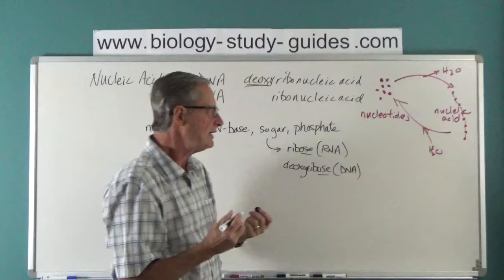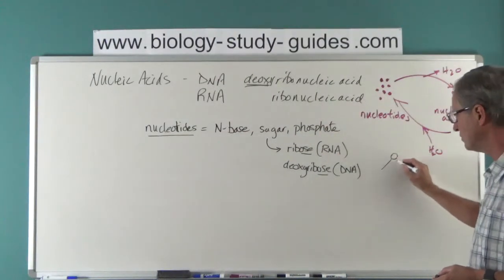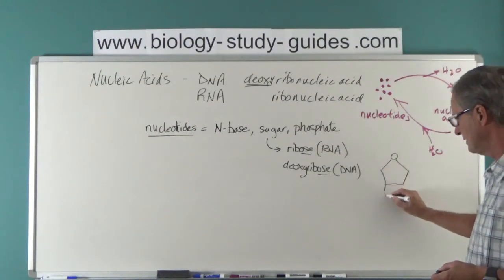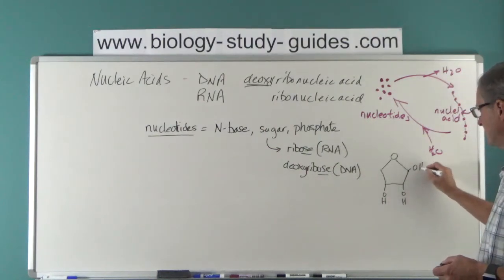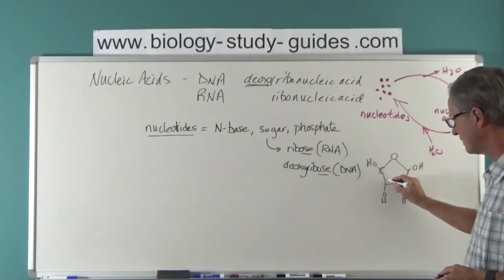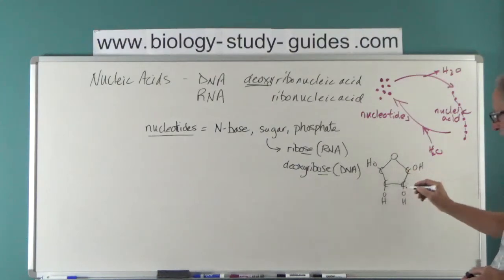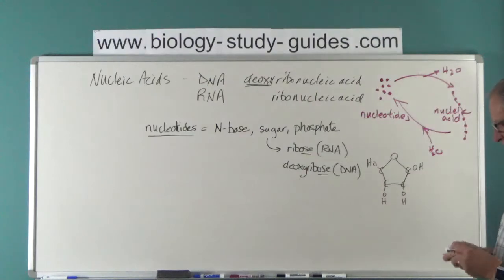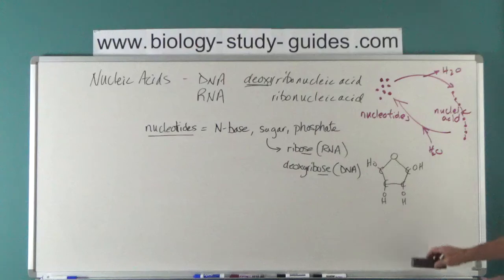And structurally, if you remember back, these things are pentose sugars, so they look like this. This is ribose. Every corner here is a carbon, and there are hydrogens in here, because carbon is supposed to have 4 bonds, so I didn't draw the hydrogens.